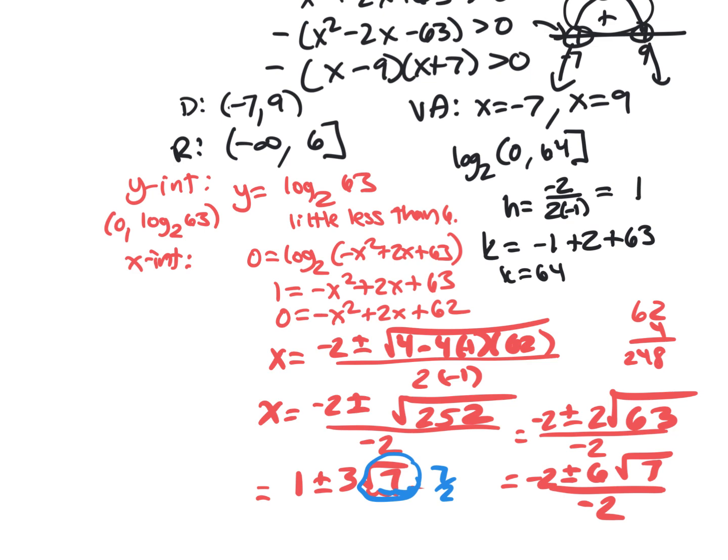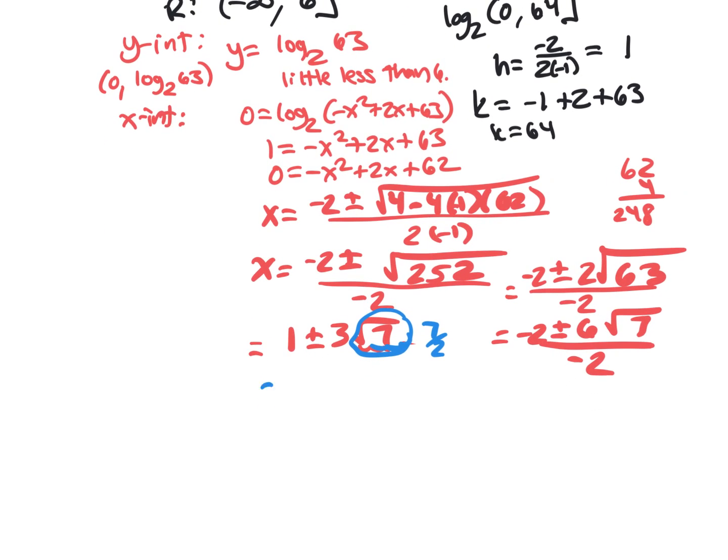Okay, so this is a lot of work for x-intercepts here. 1 plus or minus 21 halves, or in other words, think about it as 1 plus or minus 10 and a half. So that will be, wait, something is not right here. That does not seem right. So let's back up and make sure that we did these x-intercepts correctly.